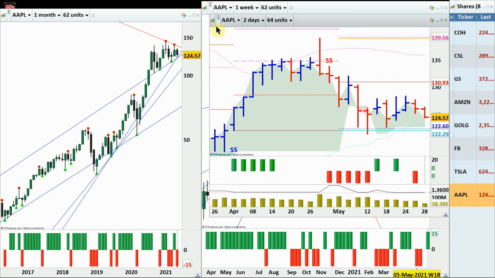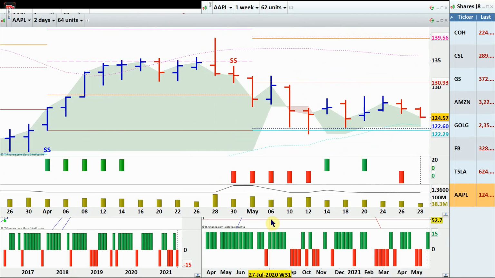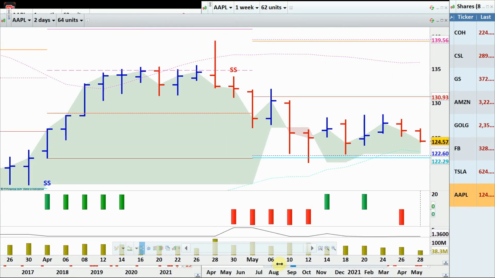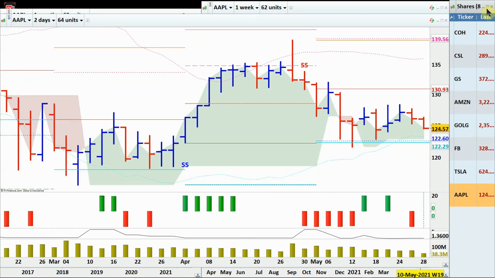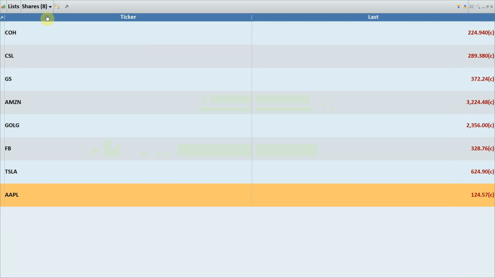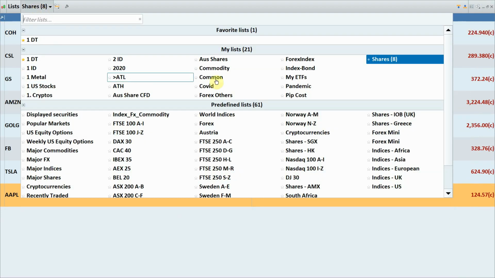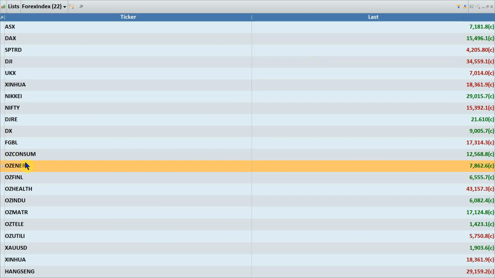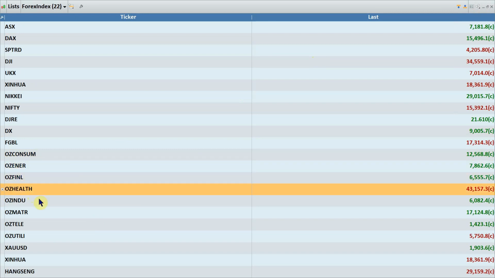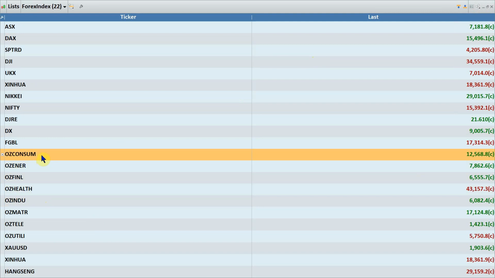Now we look at the sectors and we find a sector which we think is trending up that we are happy with within the ASX. Maybe have a look at any sector. I think consumers are fine at the moment. Consumers, okay.